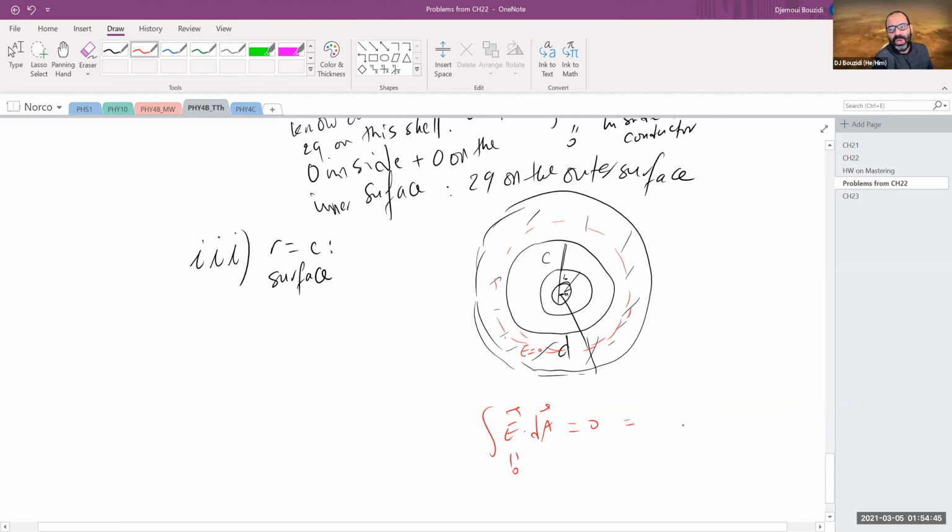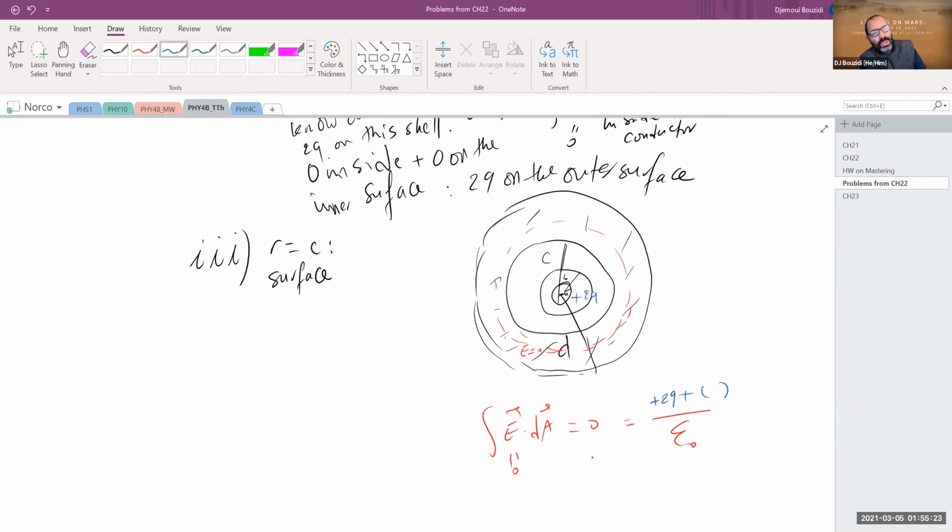And this must be equal to the charge enclosed divided by epsilon naught. I know already I have a positive 2Q in here. So there is a positive 2Q in here from this surface. I need to add something to it to make this whole thing equal to 0, because the charge enclosed needs to be 0 now, since the flux must be 0 because there is no electric field inside that red sphere.